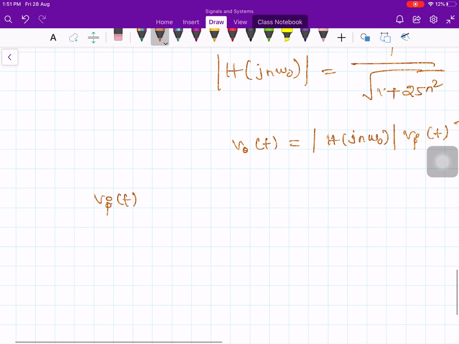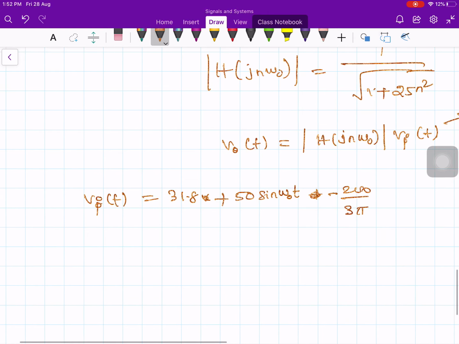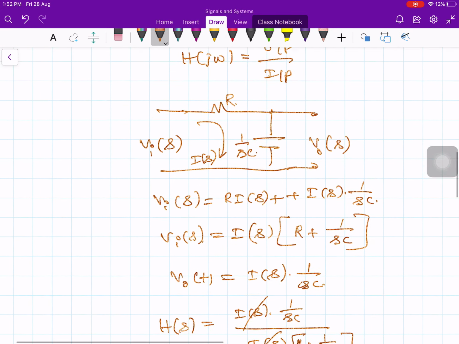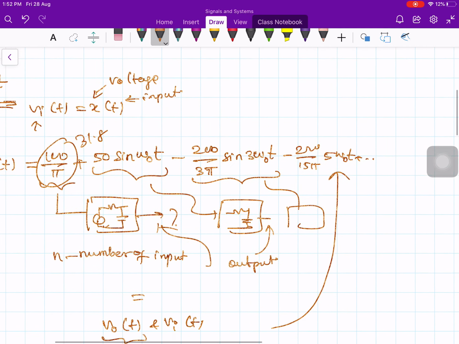Vi of t is equal to 100 by pi, that is 31.8 volts, plus 50 sine omega naught t, minus 200 by 3 pi. I may put minus here.